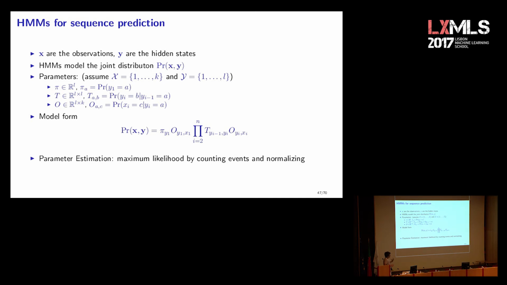So what matters is the expressivity behind the model. So, sure, HMMs model the joint, which in principle contains the conditional, but they model it using some assumptions, and they model it having this type of parameters. So starting parameters, transition parameters, and observation parameters, okay? So the architecture of the parameters is tight.